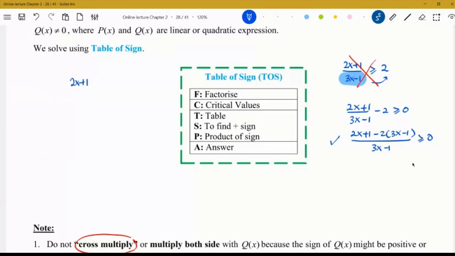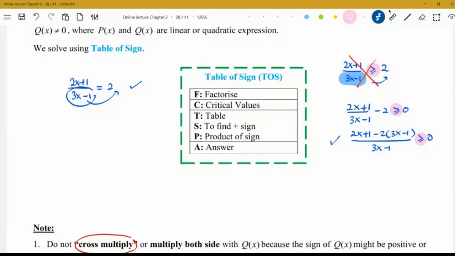Kalau equation, equal sign, boleh. Kalau equal sign, ini boleh pindah buat atas. Tapi sebabkan di sini adalah inequalities, kamu tak boleh bawa naik atas. Sebab nilai X di bawah ni ada restriction dia.